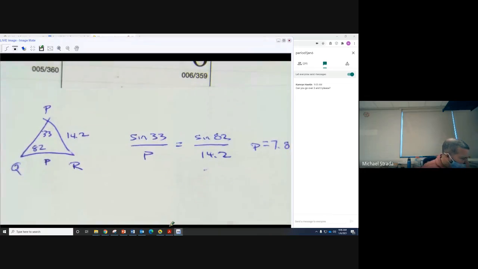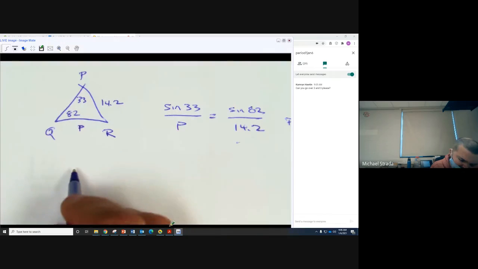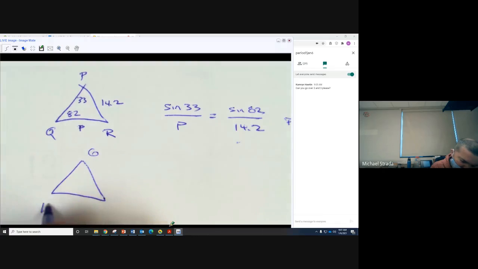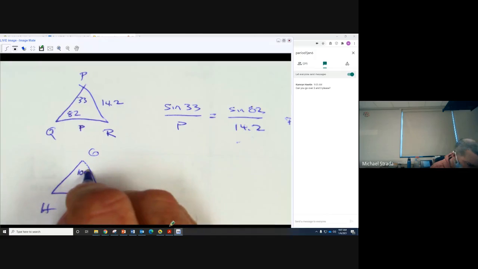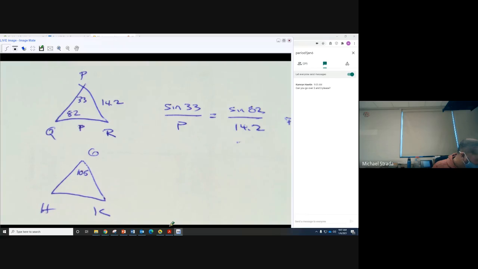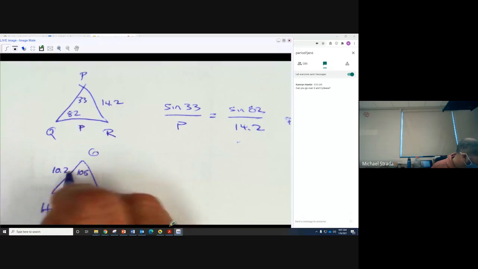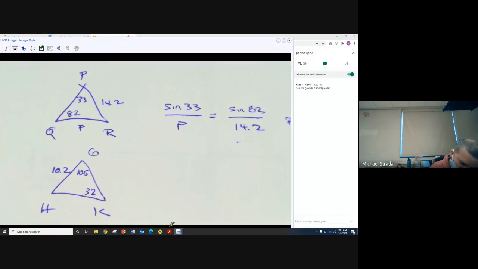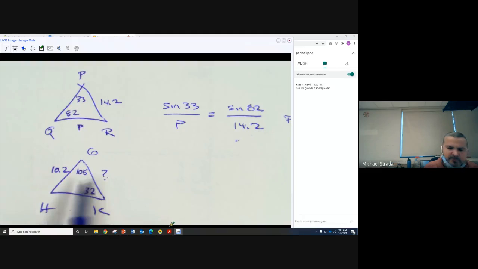When I look at number 3, triangle GHK, it says G is 105, K is 32, and GH is 10.2. To the nearest tenth, what is GK, which is over here? The difference is that it's not opposite the 105, so you need to use the triangle angle sum. 105 plus 32 is 137.